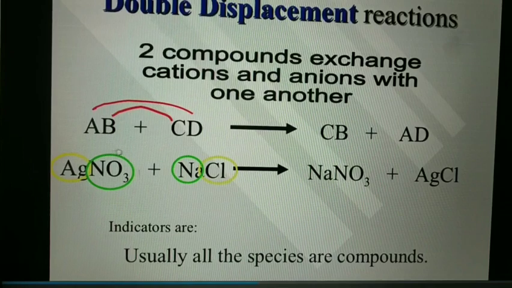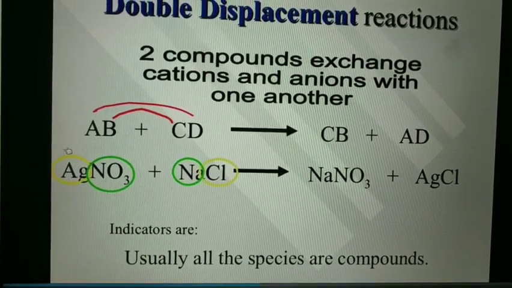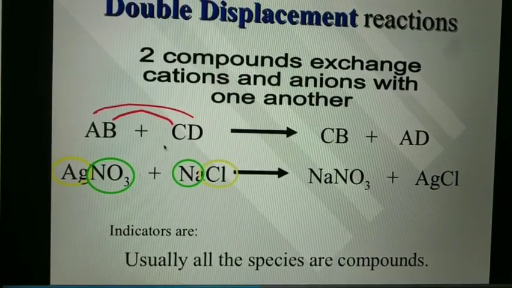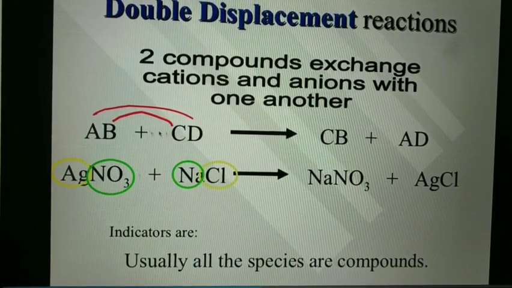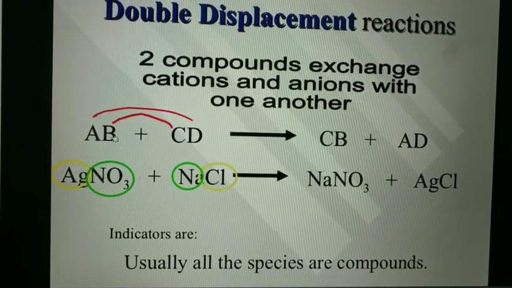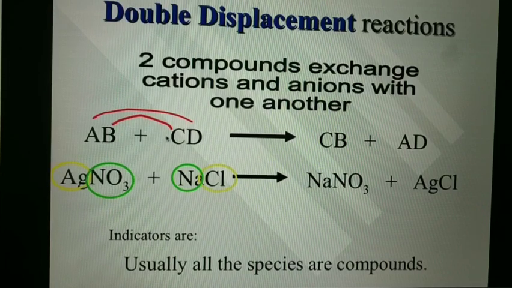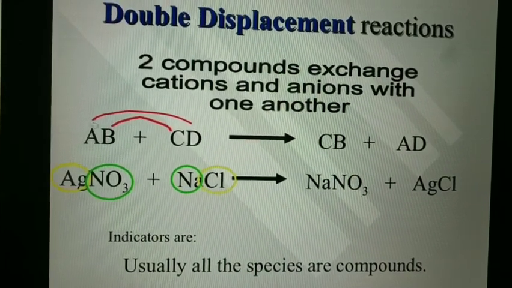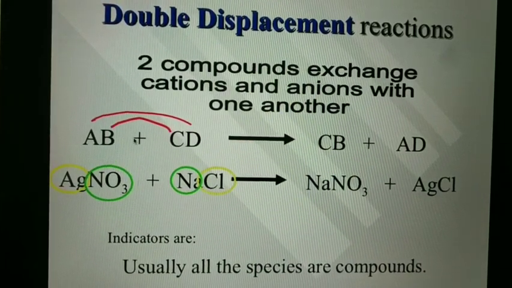Now what happened here is BC and AD form, means exchange of ions takes place.